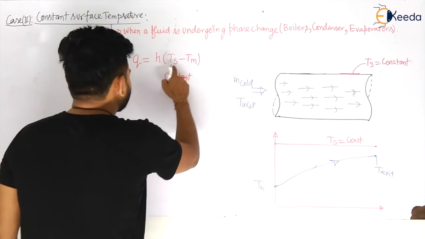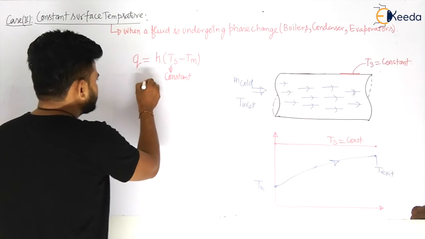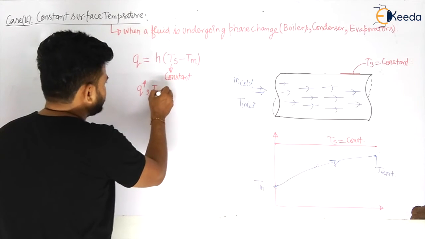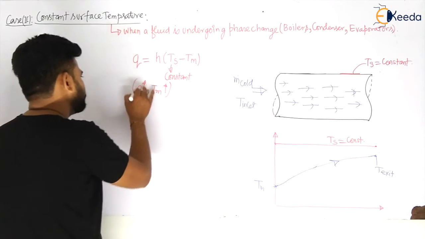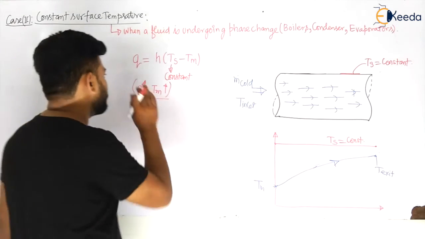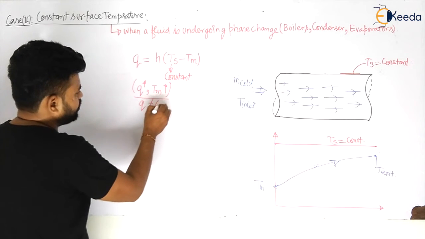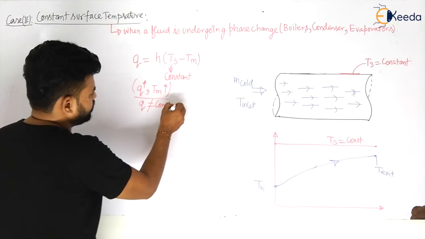So as Ts is constant, as the heat transfer increases, your Tm will increase, my dear students. Yes or no? And now heat flux is not constant, that is q is not equal to constant.